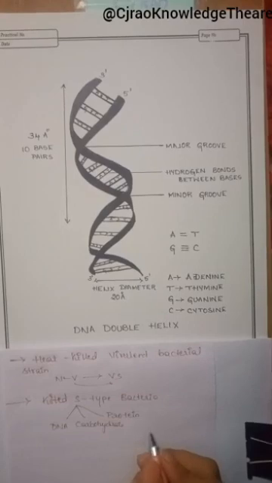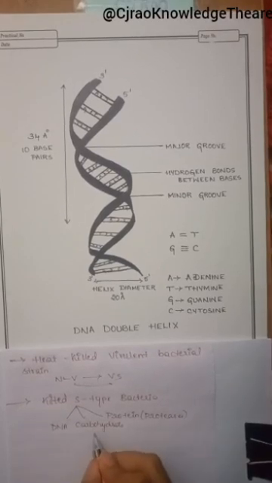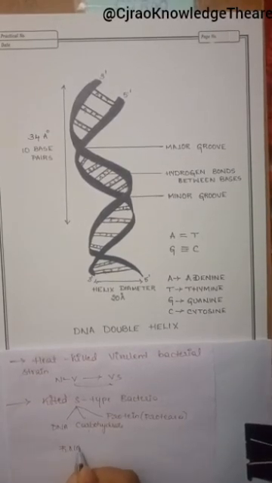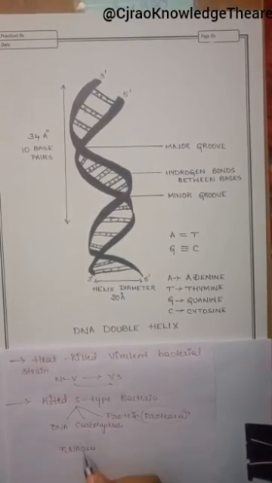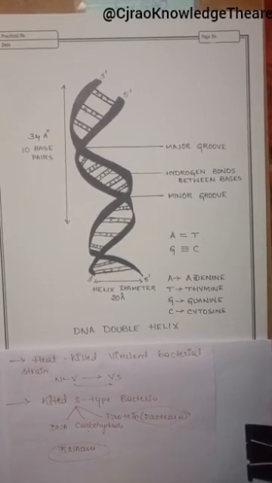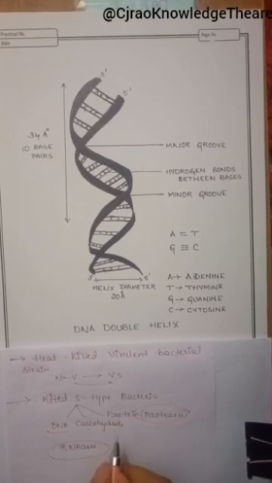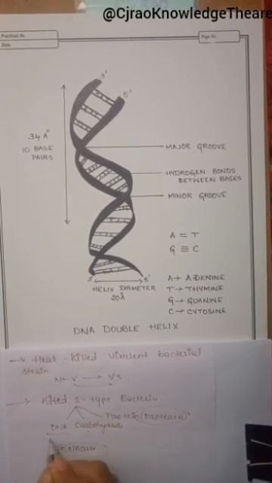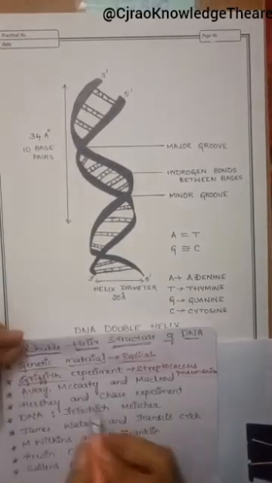They also discovered that protein-digesting enzymes, proteases, and RNA-digesting enzymes, RNases, did not affect the transformation. So the transforming substance was not a protein and was not RNA. Digestion with DNase inhibited the transformation, suggesting that DNA caused the transformation. Thus, they concluded that DNA is the hereditary material.